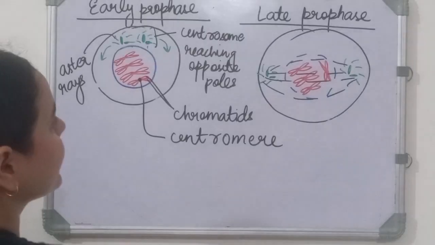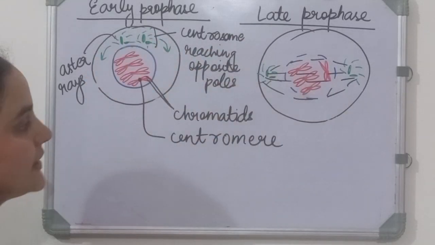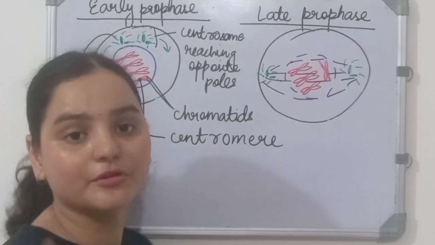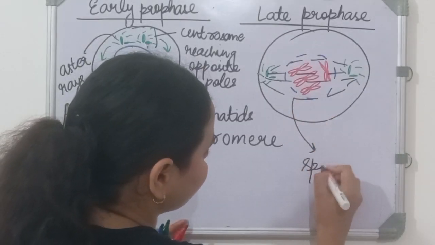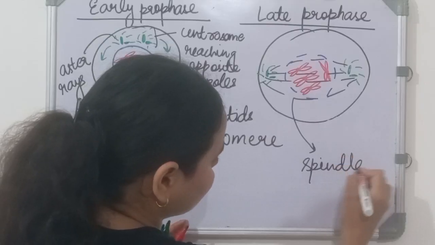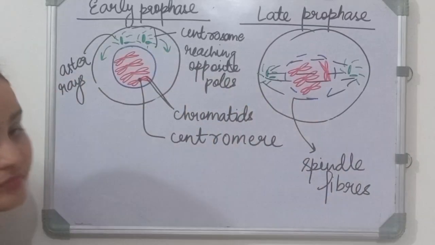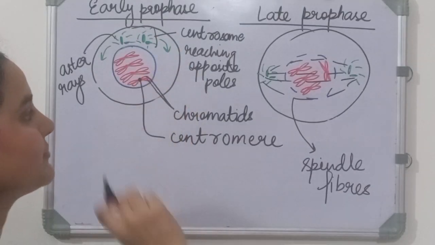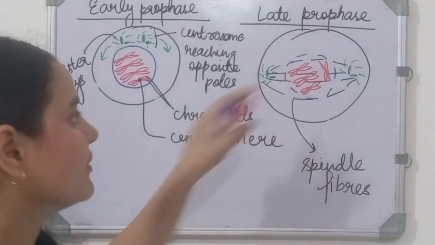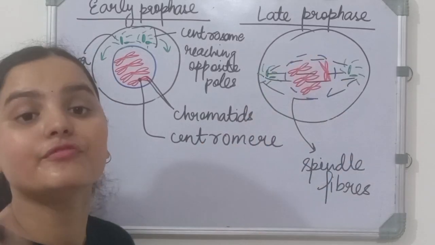Okay, now in late prophase you may mark these labelings. The extra labeling that you have to mark is this: spindle fibers. In the early prophase you are not able to see these spindle fibers, but in late prophase you are able to see these spindle fibers and the disappearance of nuclear membrane.